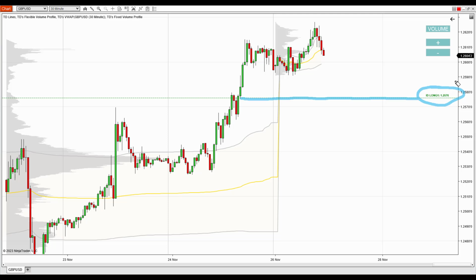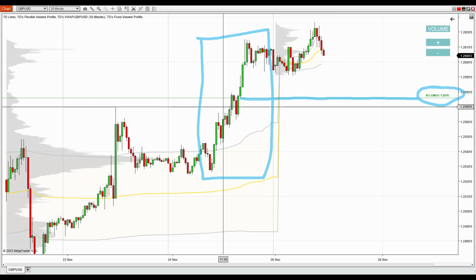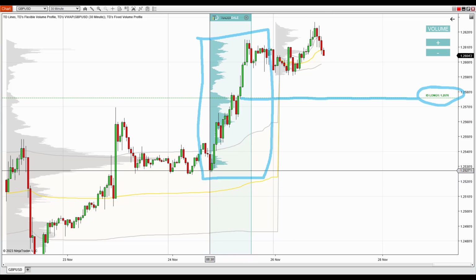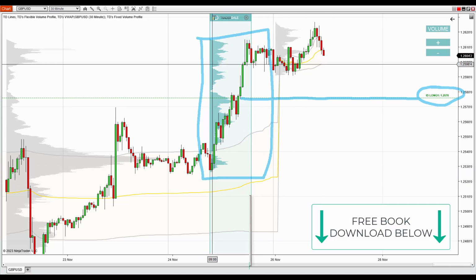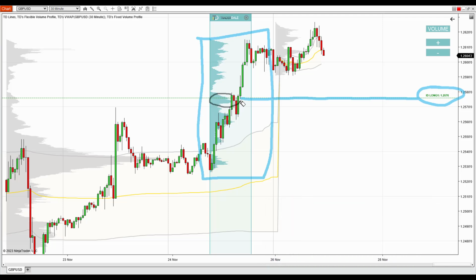You trade this trend setup when there's a trend, like for example in here, and what you do when you see such trend is you use the flexible volume profile like this, and it will show you volume distribution throughout the trend. And what you want to do is you want to trade from significant volume bumps, like this one.